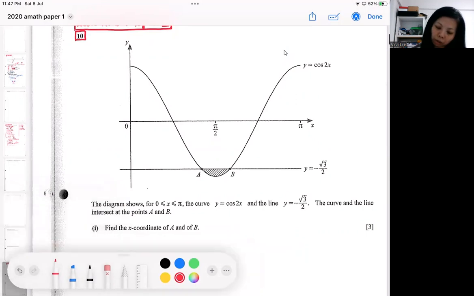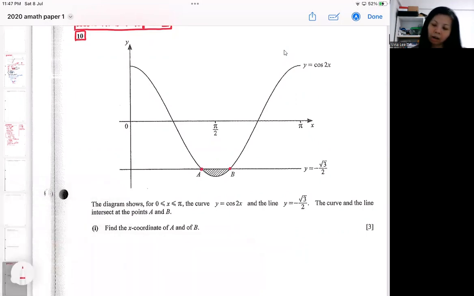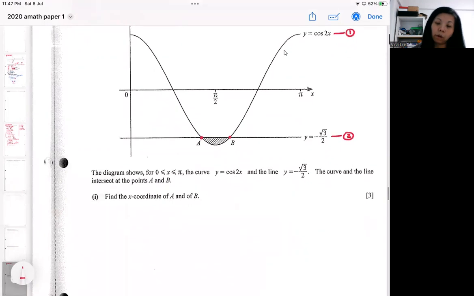Basically, you should be able to see that A and B are the intersection between the curve and the straight line. So if you apply simultaneous equations, equation 1 equal to equation 2, you will get cosine 2x equal to negative root 3 over 2.